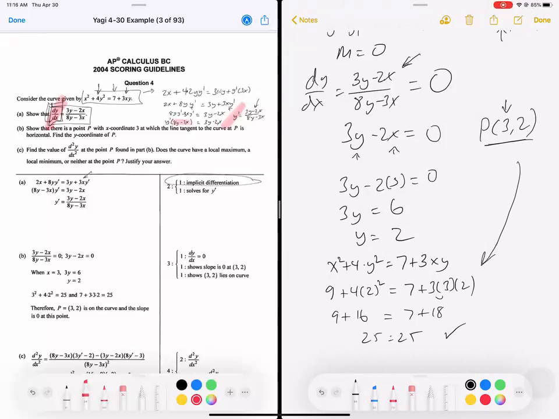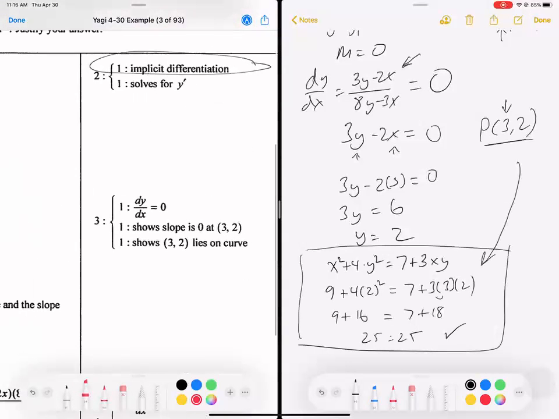Now, if you forgot the second portion here, which is totally plausible, look at the rubric on the left. If we got the derivative equal to 0, that was easy. Bam. That was 1 point. If we show the slope is equal to 0 at 3, 2, that's another point.